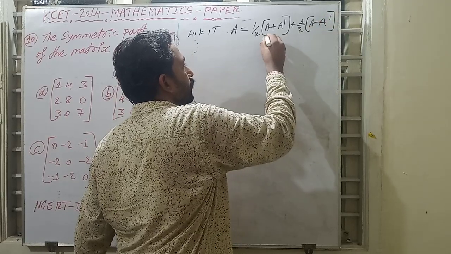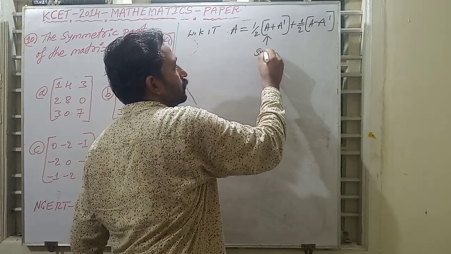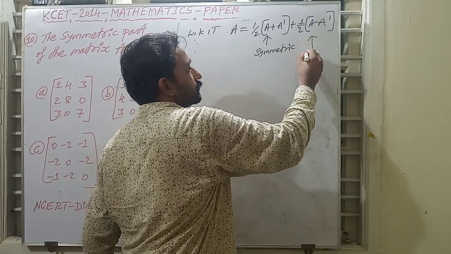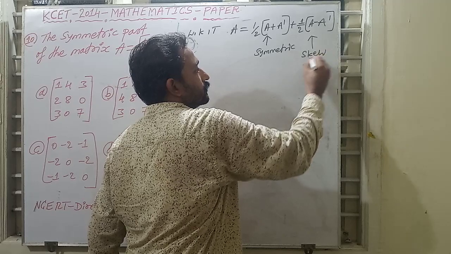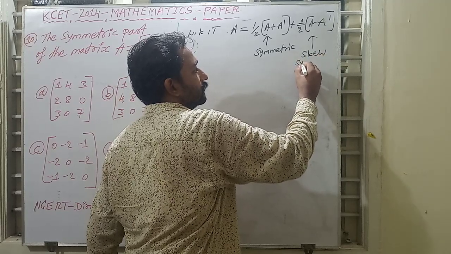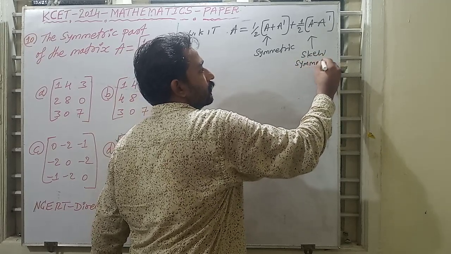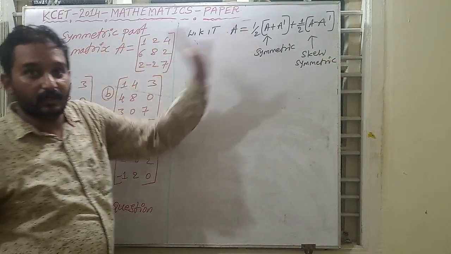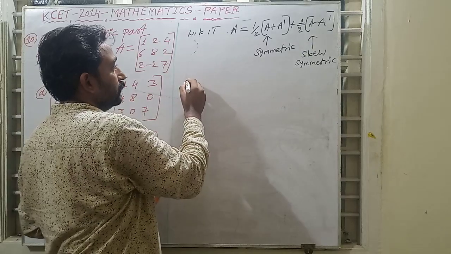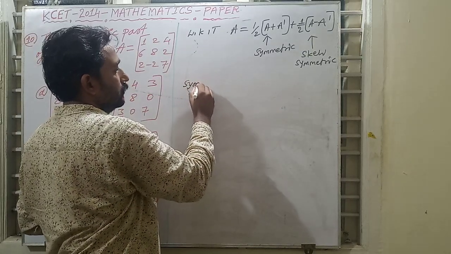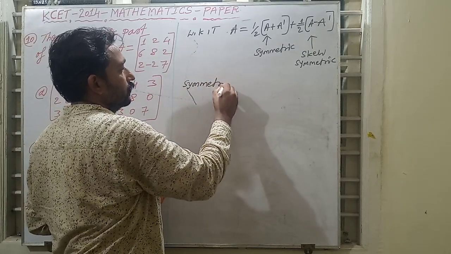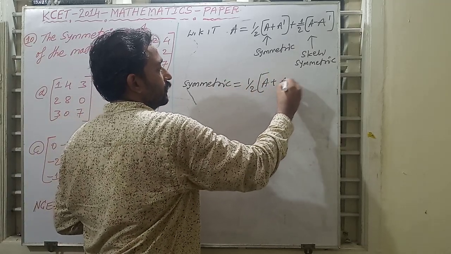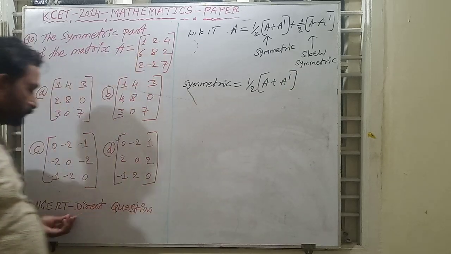The first is the symmetric part of the matrix A, and the second is the skew symmetric part. In this question we need only the symmetric part. Symmetric part equals half of A plus A transpose. It is an NCERT direct question.